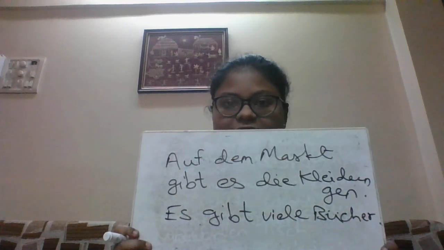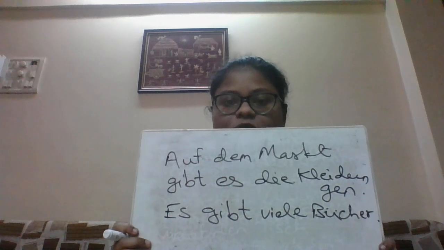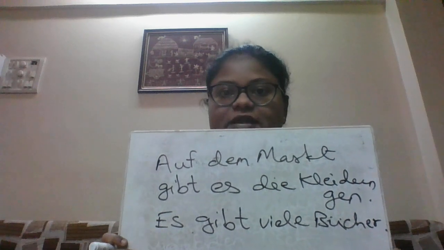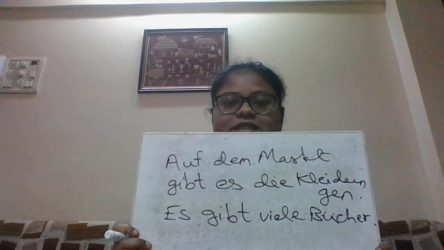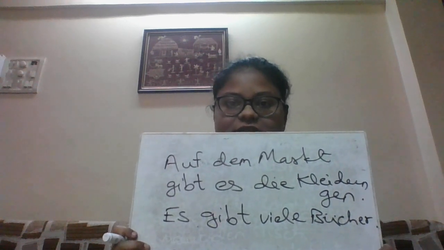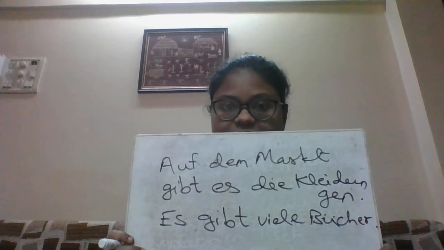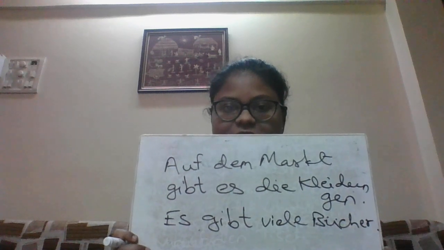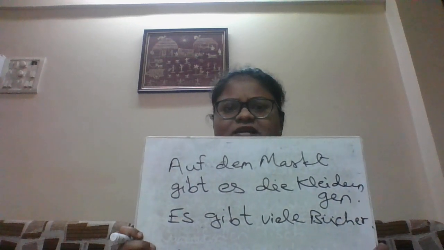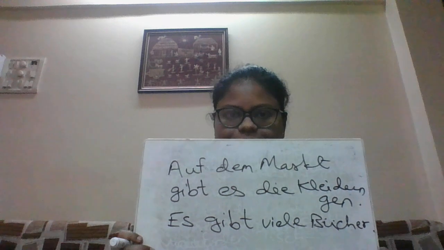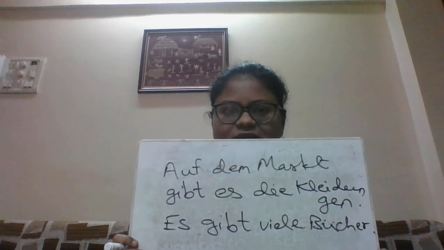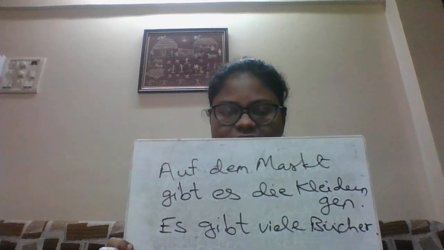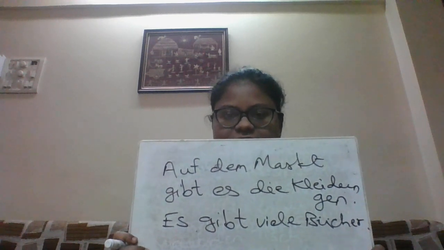Because the direct object of the sentence, that is what is there in the market, the Kleidungen are there in the market. That's why it is in the accusative case. And where is it? Auf dem Markt. The center point of this sentence is not the market but the Kleidungen. That's why the Kleidungen is in accusative case.